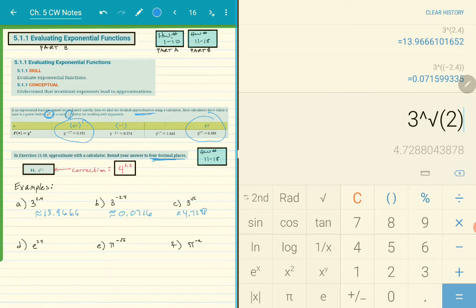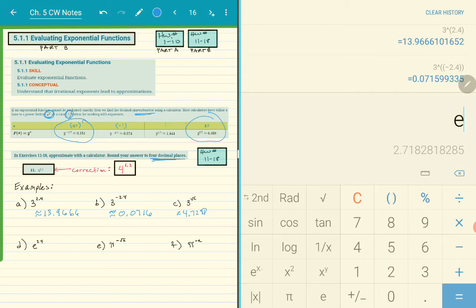4.7288. All right, in parts D through F, we actually have irrational numbers as our base. So I'm going to start with the number e. So e is right here on your calculator, 2.7182818285. It actually goes on infinitely, so that's already an estimate of e.